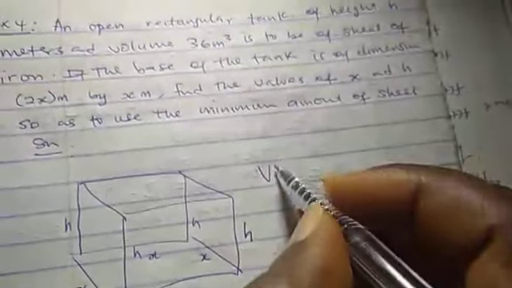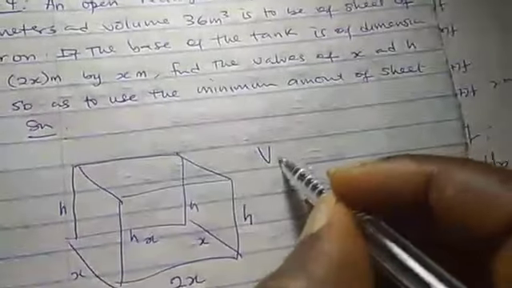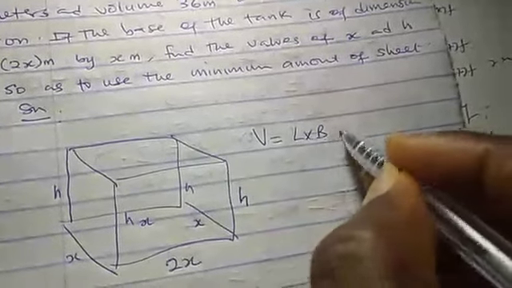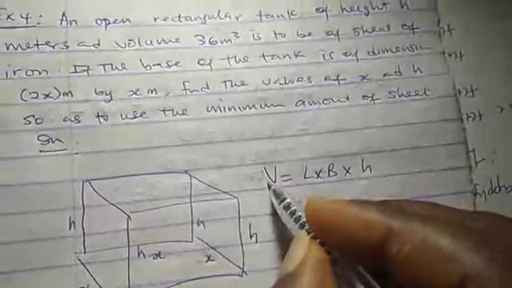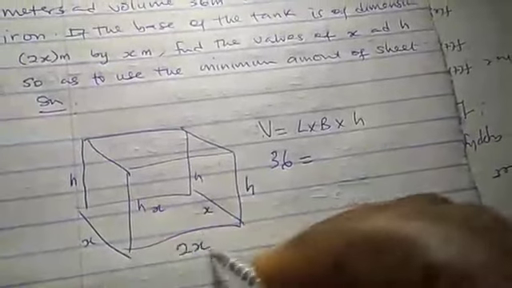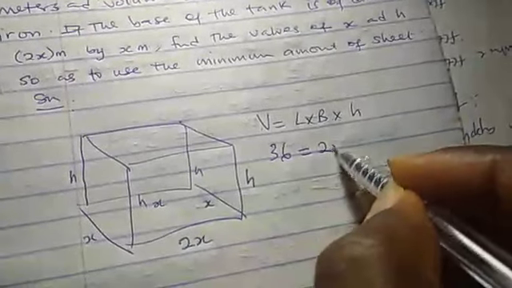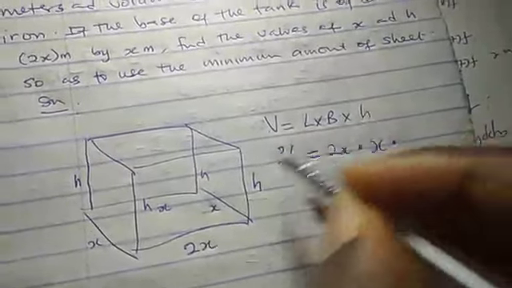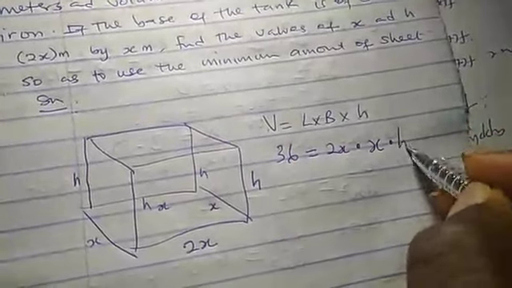So in this case, let us first talk about the volume, because we are given the volume here. We know that the volume of a cuboid is length times breadth times height. The volume in that question is 36, which is equal to length times breadth, 2x by x, times height, which is given as h.